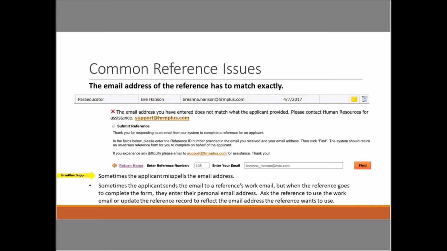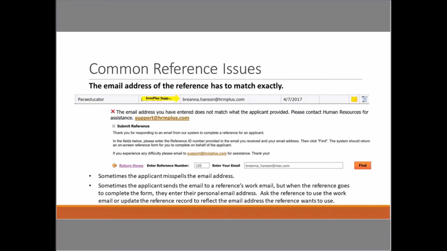So it's very possible that if I was asked to be a reference for someone that knew me in the past, they'd still think my email address was br.hansen, and they'd put that in, and then it would come to my brianna.hansen. I would come to this screen, enter my actual email address because that's what I would think, press this button, and it wouldn't come up, and I would most likely contact the HR of the district and say, hey, it's not working.